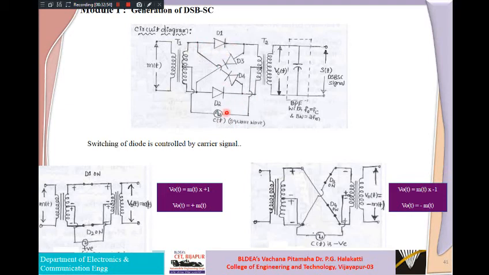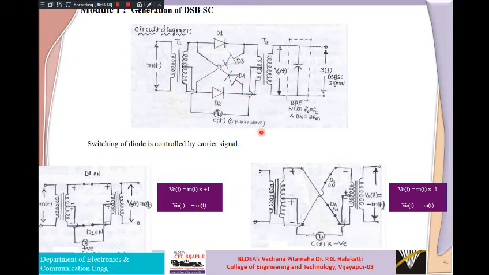During the negative peak of the carrier the things will get reversed. Hope you are understanding. Maybe some sign conventions might be wrong here. During the negative peak the voltages across D1 and D2 get reversed, which will turn off D1 and D2 and turn on D3 and D4.